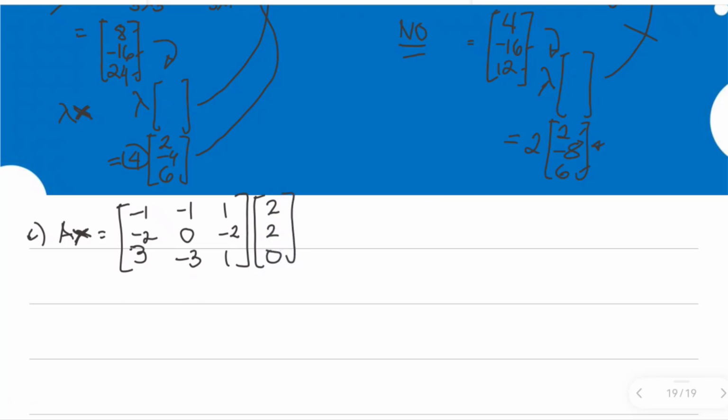You need to really understand how that is very important when you're dealing with operations later. So let's have here, -1 times 2 is -2, negative 2 times 2 is negative 4. Next, negative 2 times 2 is negative 4, plus 0, so negative 4 here as well. And for the last one, 3 times 2 is 6, negative 3 times 2 is negative 6, and 1 times 0 is 0. 6 minus 6, you have here 0.